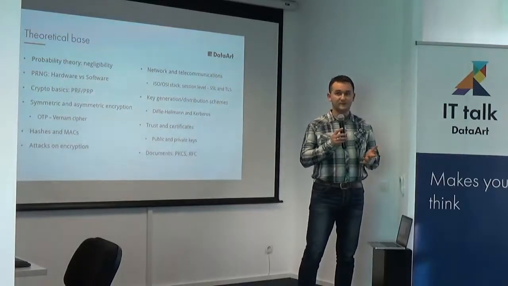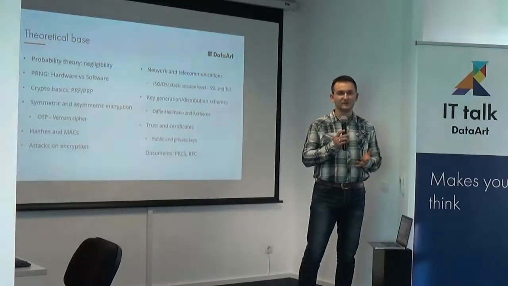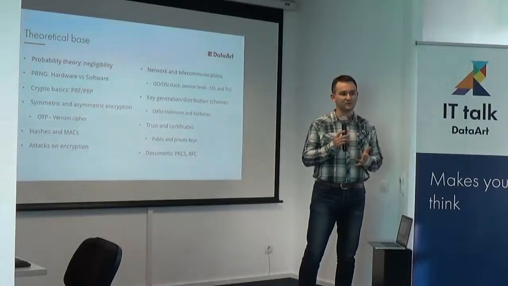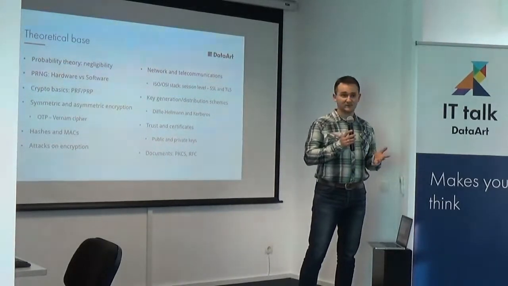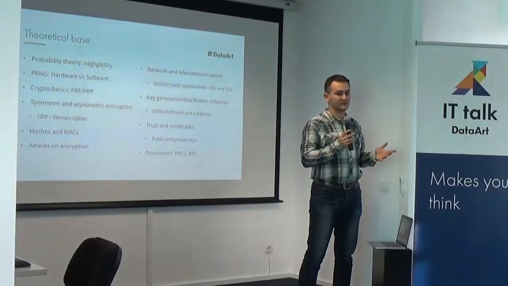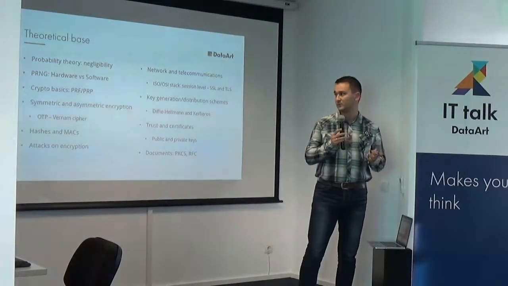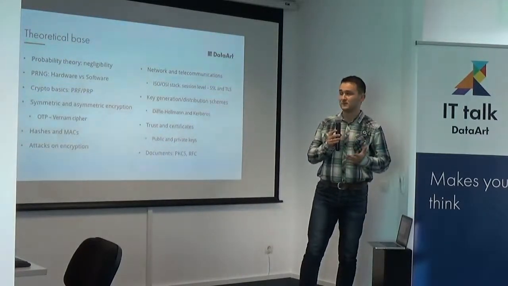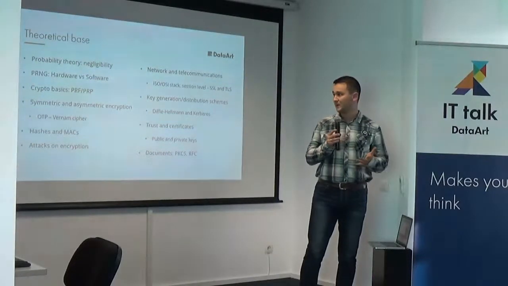If the probability of an event is negligible, it means that it will almost never happen, but it could happen theoretically. It is basic for different encryption and decryption algorithms, as well as for pseudo-random functions such as hash functions.